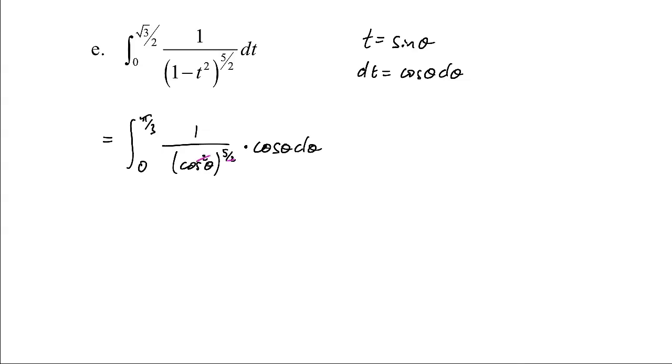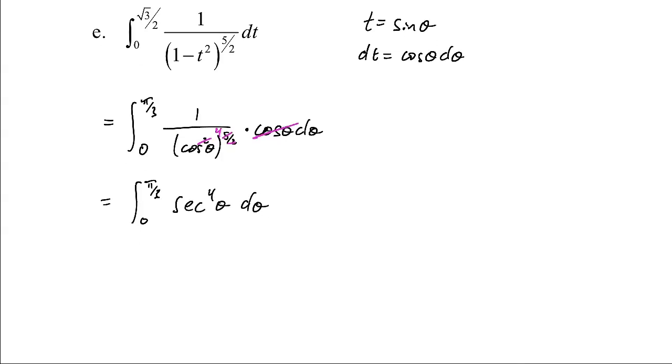The 2's will divide out, so I have cosine to the 5th divided by the cosine, and that makes cosine to the 4th. So this is really secant to the 4th, from 0 to pi over 3, secant to the 4th theta d theta.